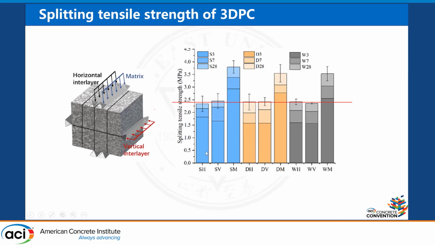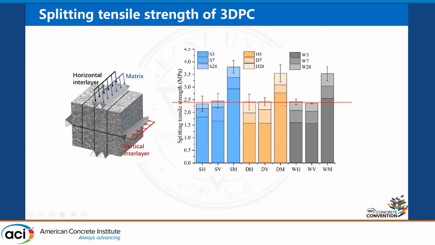No matter which direction we did the split tensile test, you can see there is no big difference. In fact, there is no difference in the splitting tensile strength whether the 3D printed concrete is cured under dry or wind conditions. Here you can see very similar results.